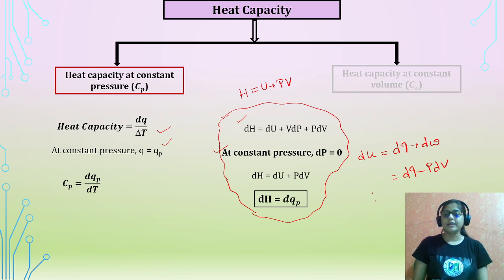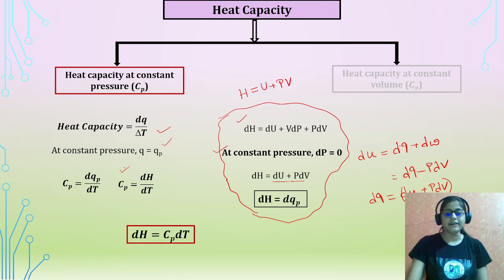So dq will be dU plus PdV. So du plus PdV is here also, so we can write dqp, as pressure is constant here. So then Cp will be delta H by delta T, and we can write delta H equals Cp dT. Okay, so delta H will be equal to Cp dT.